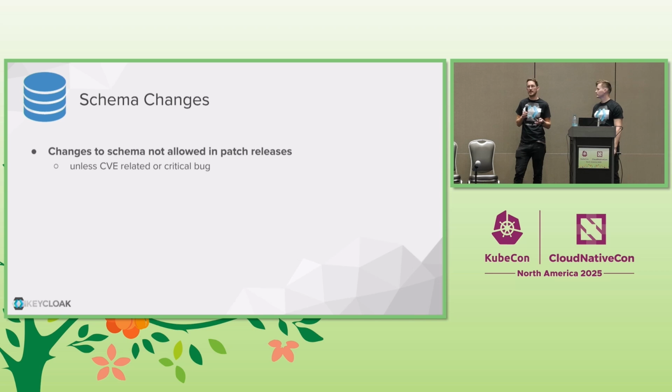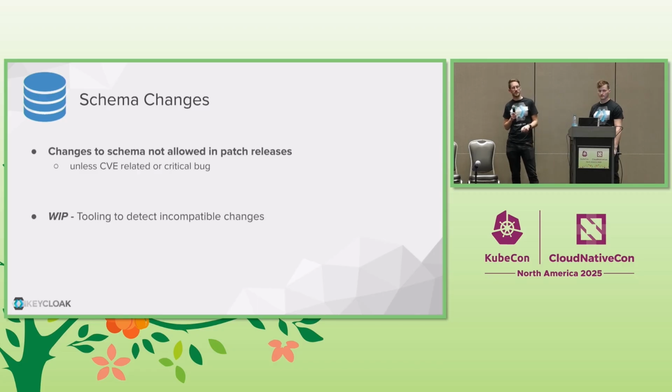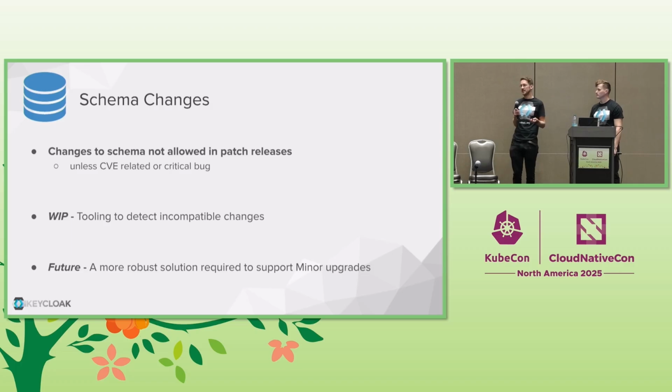This limitation isn't ideal, but based upon past patch release streams, we think it's acceptable and shouldn't pose too many problems. However, we are working on tooling to detect these kinds of incompatible schema changes. And in the future, we are going to need a more robust solution because we want to ideally support zero-downtime upgrade of minor releases, or who knows, go for the moon, major upgrades, but we'll see.